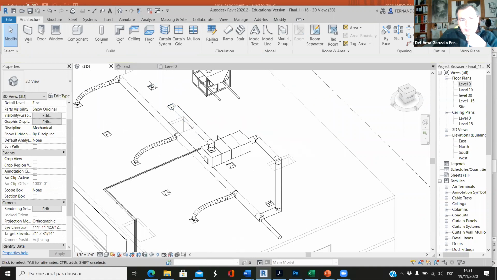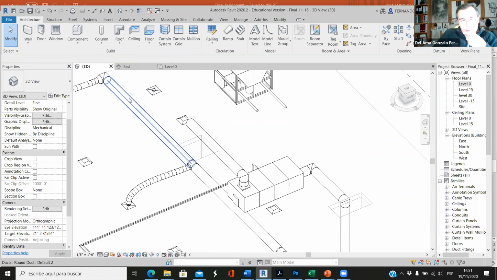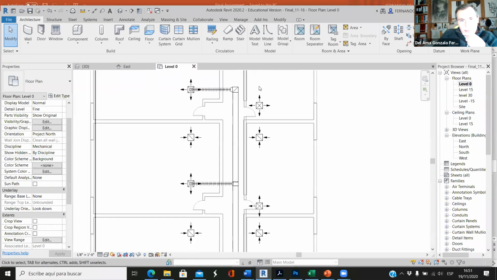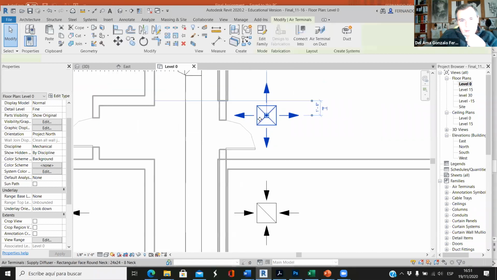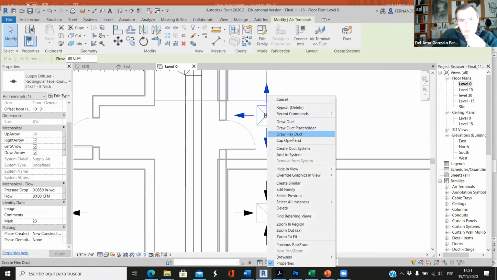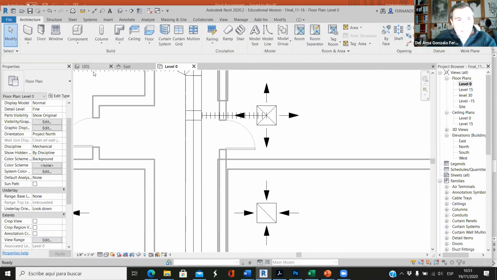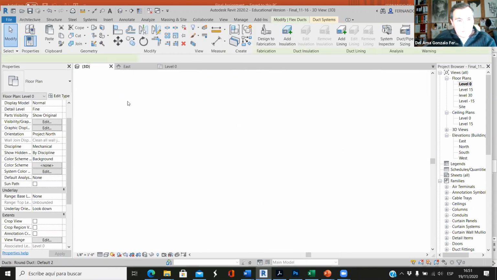Okay, so now we have to connect these supply diffusers to this, and this is for the office space. So there's a supply diffuser here. If we draw a flex duct here, I think it will be the same.